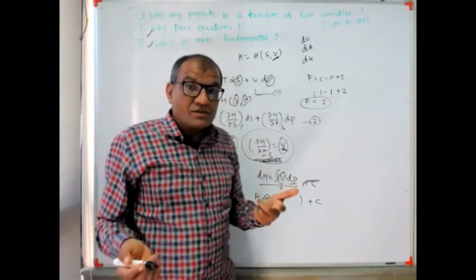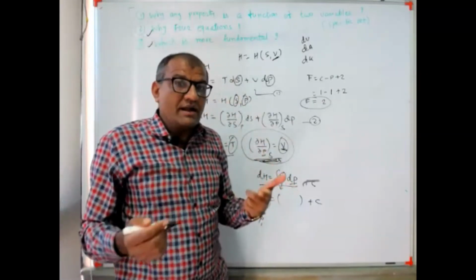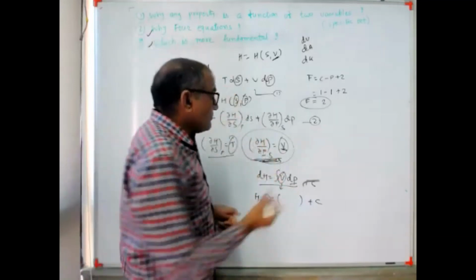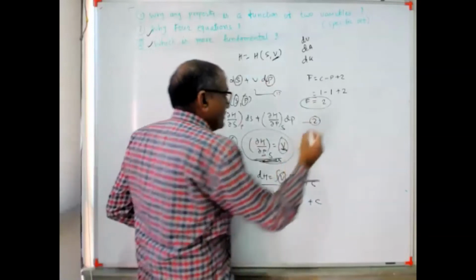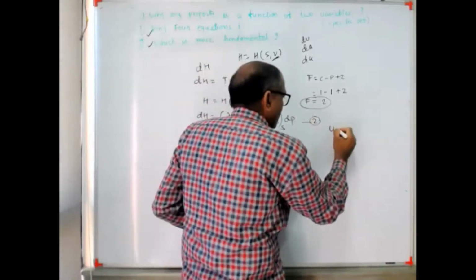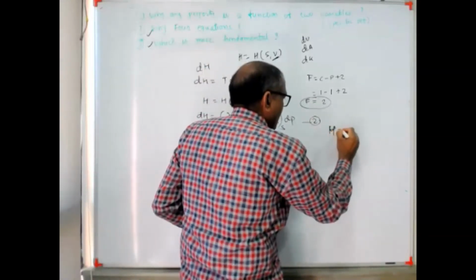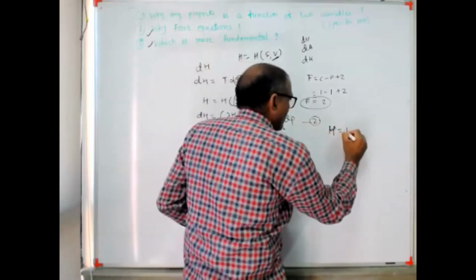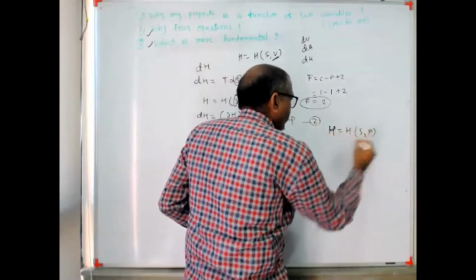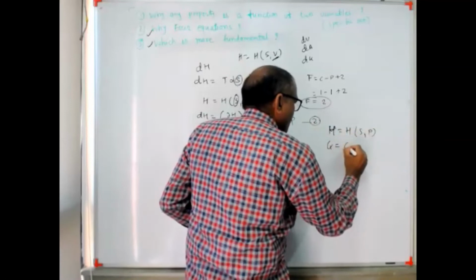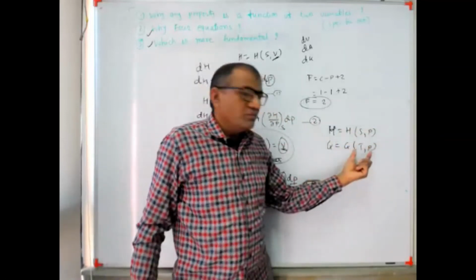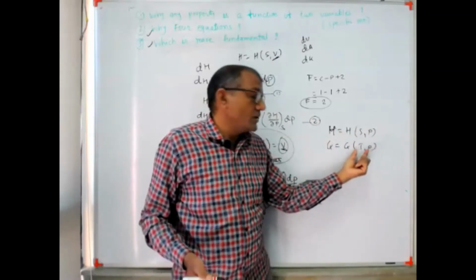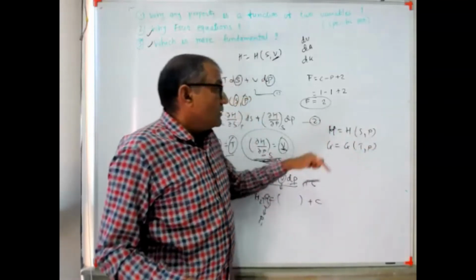And which equation I should use when depends on the problem. For example, enthalpy is a function of two variables S and P. Gibbs free energy is a function of T and P. Each property is a function of a specific set of two canonical variables.